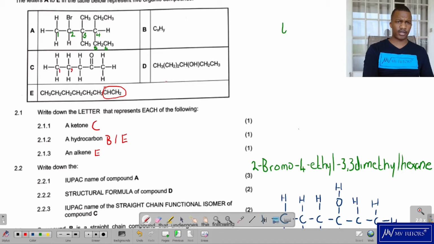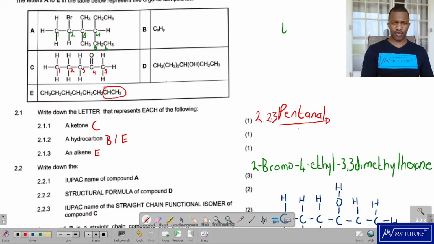So that's 1, 2, 3, 4, 5. So we have a pent there. And then for an aldehyde, the suffix there is pentanal. So that's our answer for 2.2.3. Okay, so it's a pentanal.